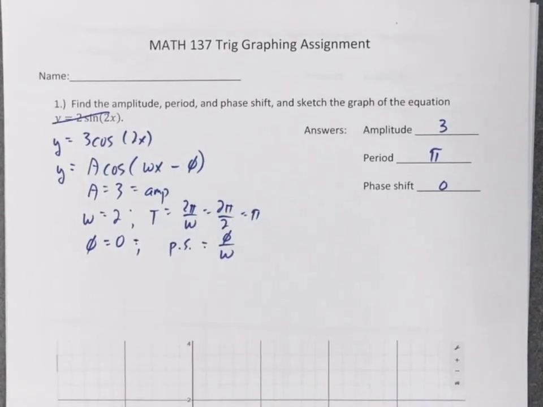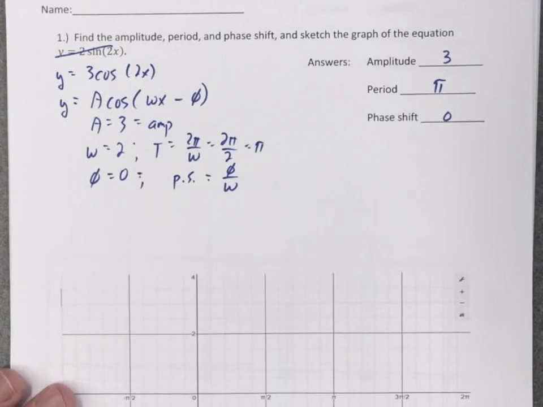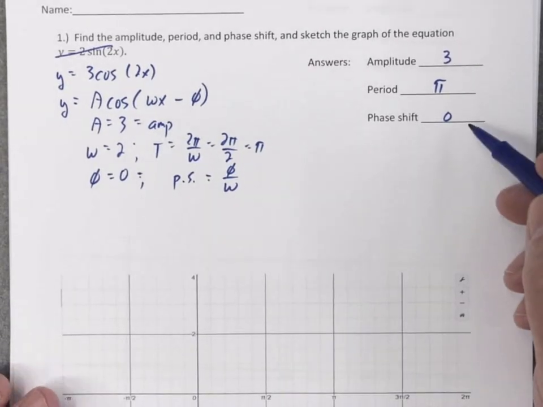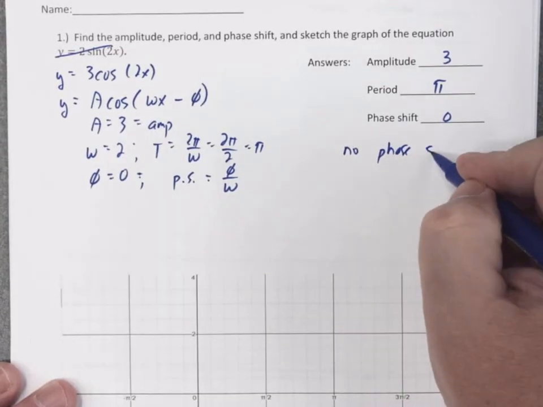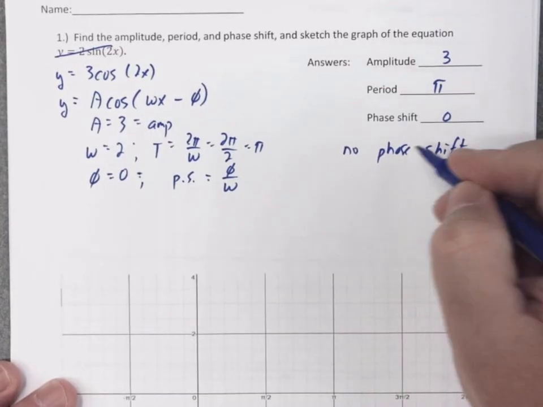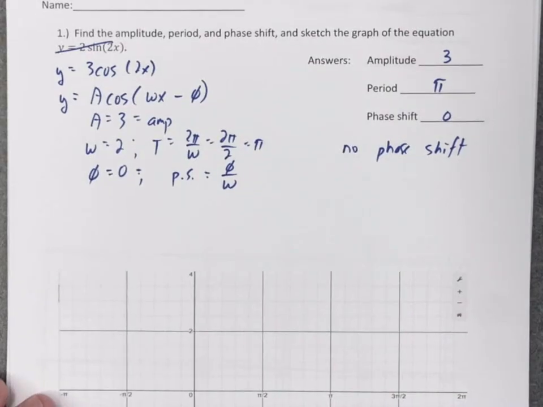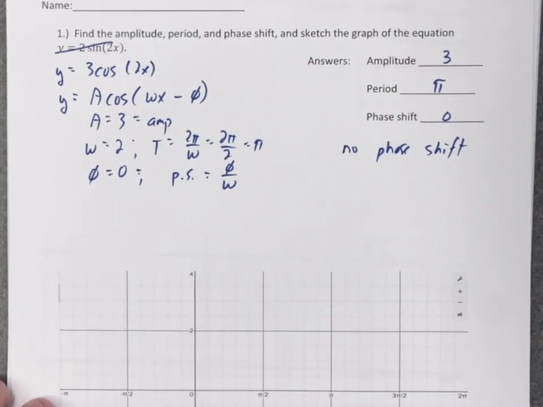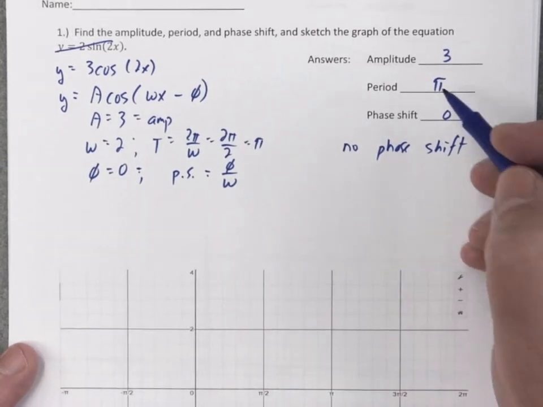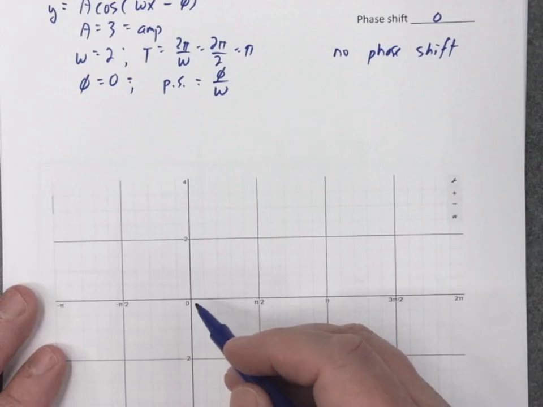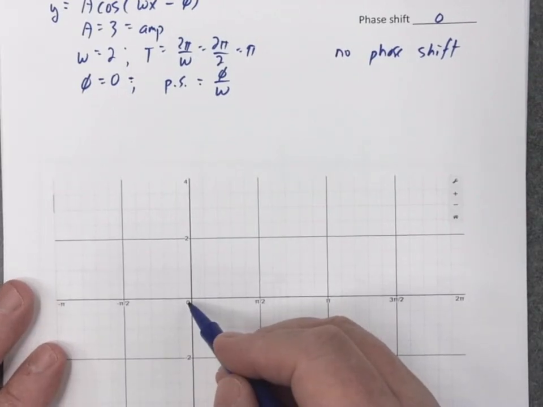Now here's how I go about graphing. This one is not going to be too hard, because this I call a graph with no phase shift, and these are pretty easy to graph. The thing I always start with, I always look at my period. So here's my graph, and here's angle 0.